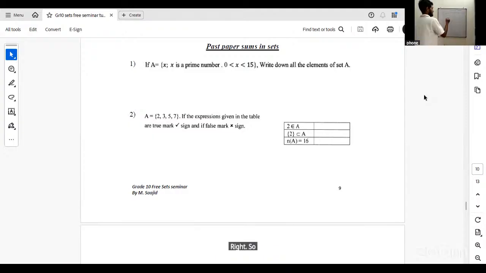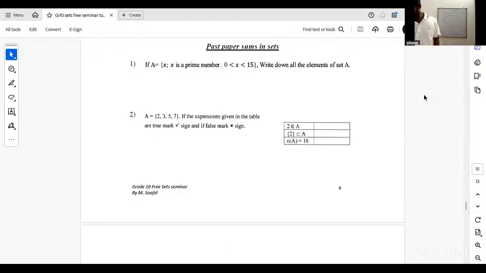So what are they? 2, 3, 5, 7, then 11, 13, and so on. These are the elements of it.